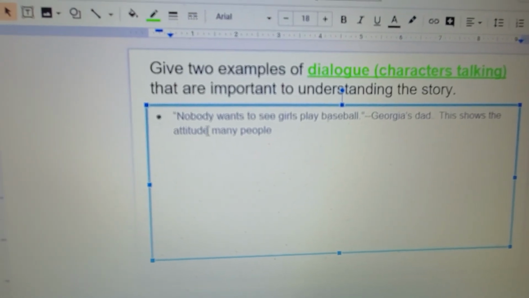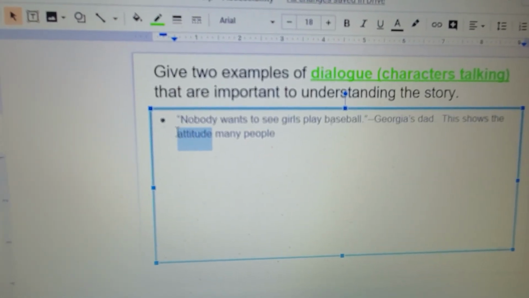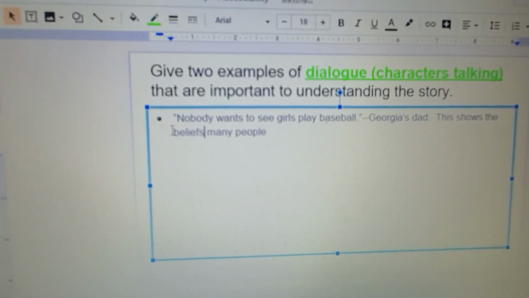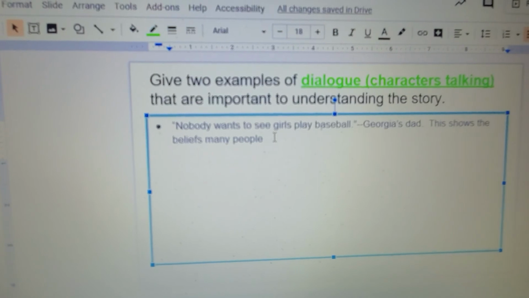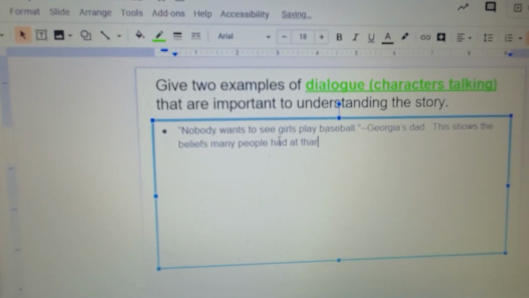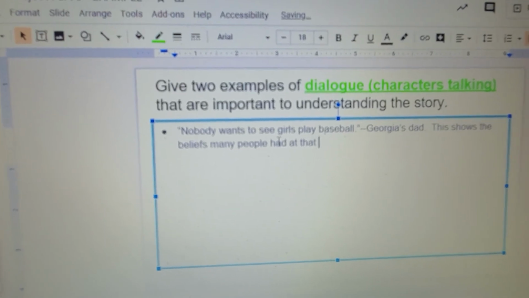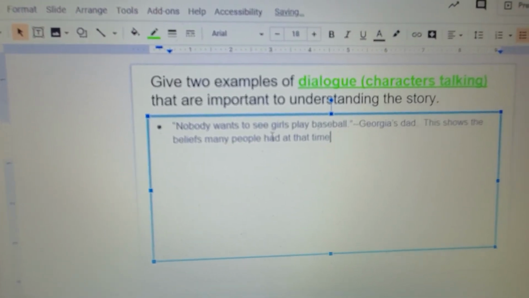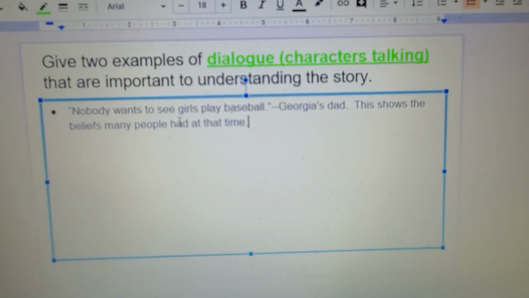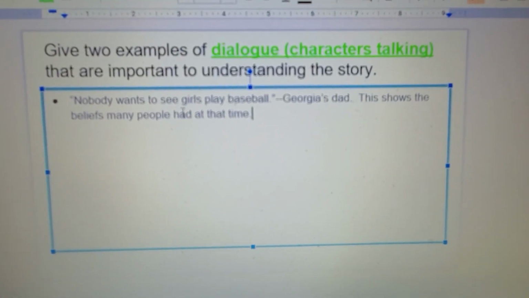Let's change attitude to beliefs. And that's just one example. You're going to give two. But that's an idea of what I'm talking about.